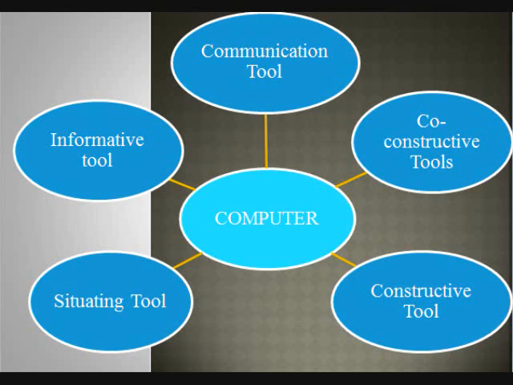The flight simulation program is an example of a situating tool which places the user in a simulated flying environment. To caution users, the computer as a situating tool is new and is still undergoing further research and development.